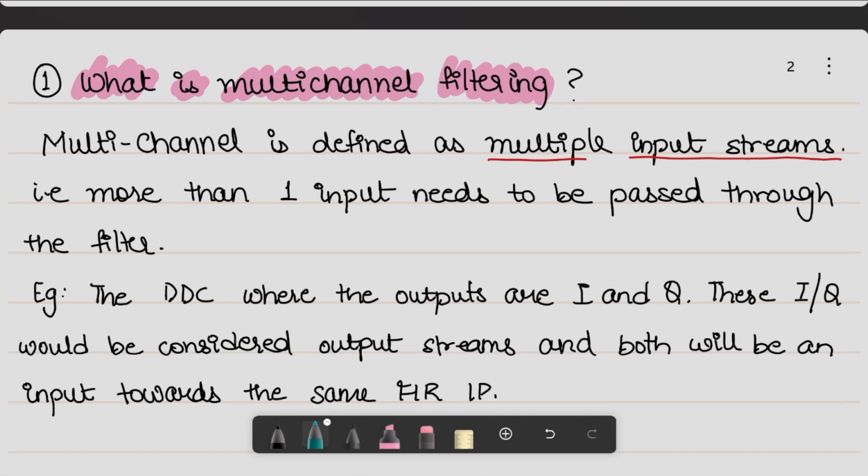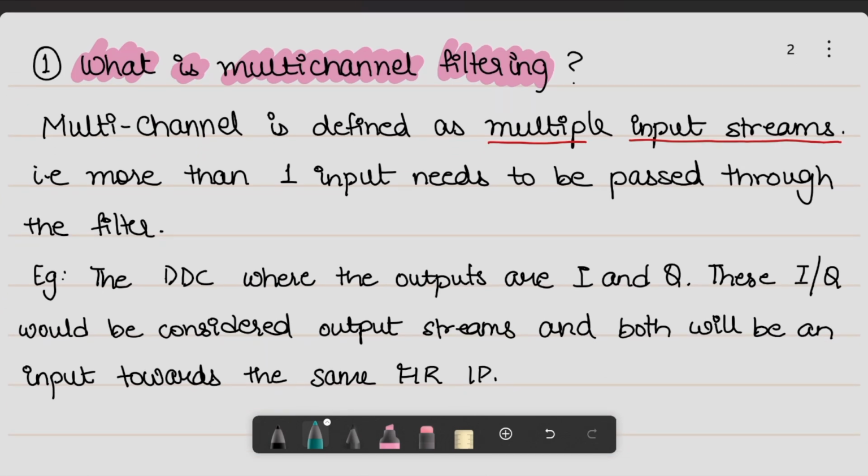Let's start with what is multi-channel filtering. Multi-channel is defined as multiple input streams, which means more than one input is being given to the FIR IP. The DDC would be a perfect example for this. The DDC has two outputs, I and Q, which stand for in phase and quadrature respectively.